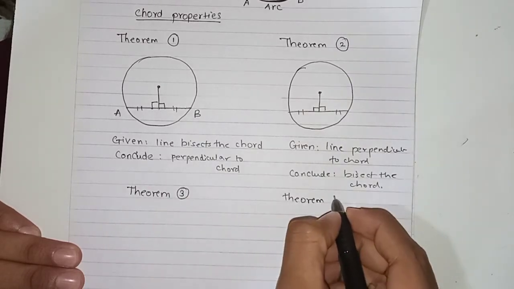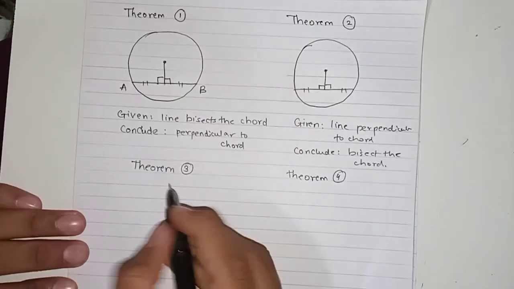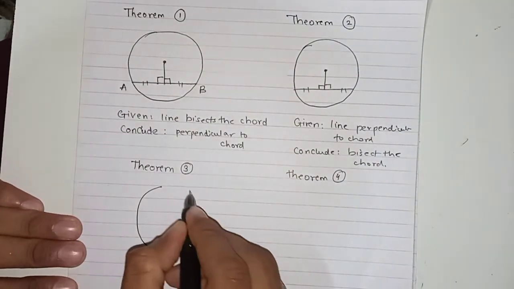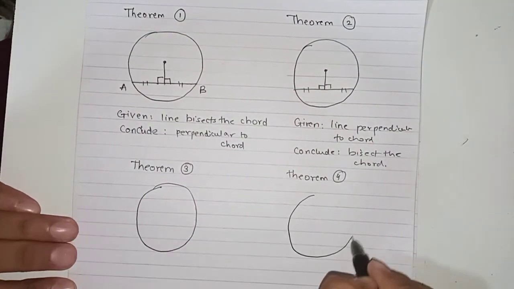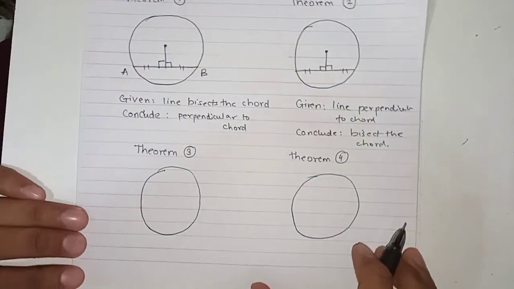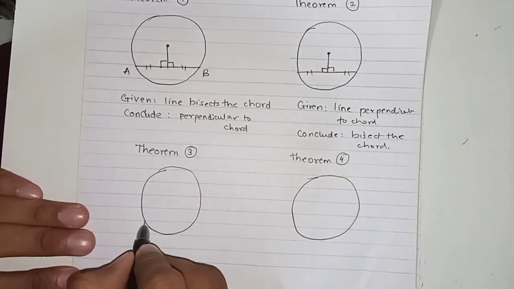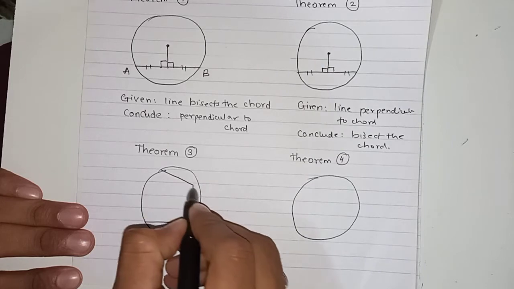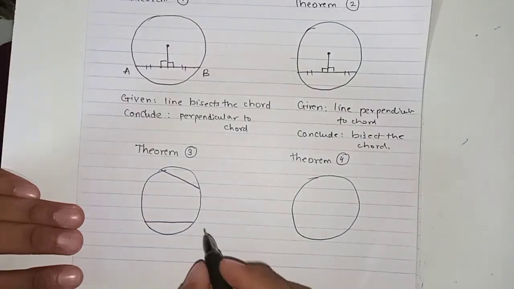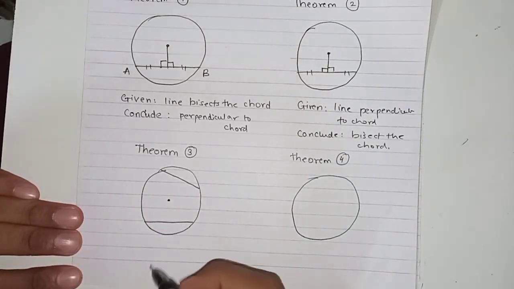Theorem 3 and theorem 4, they are related to each other. Simple theorems here. What are these? They say if there are two chords, let's say there are two chords. If I draw two chords like this, this is the center of the circle.